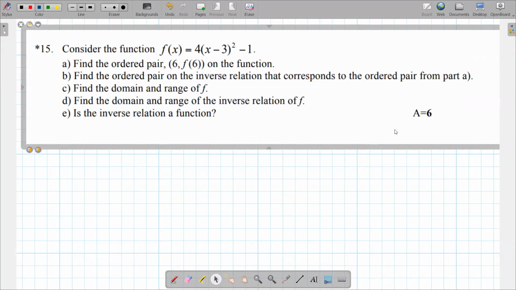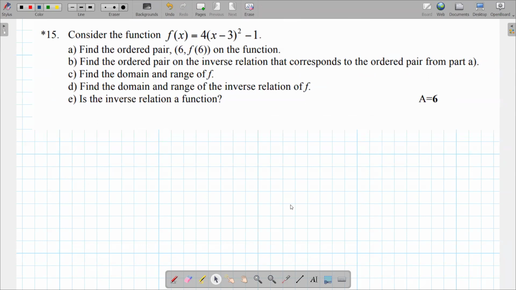So we're given an equation f of x. It's a quadratic. Okay, cool. Part A, find the ordered pair 6, f of 6 on the function. All right, what does that mean? It just means find the x and the y value at 6.